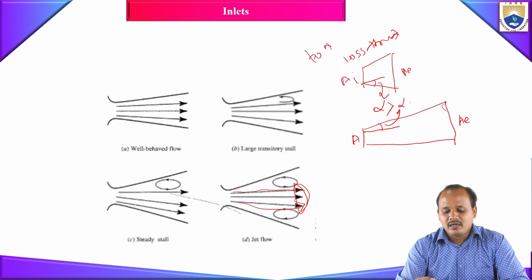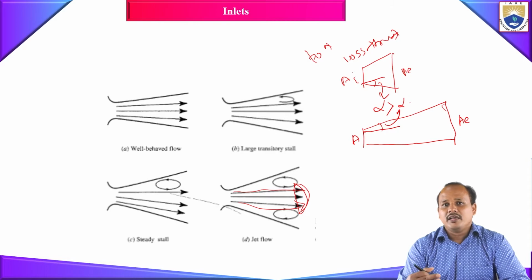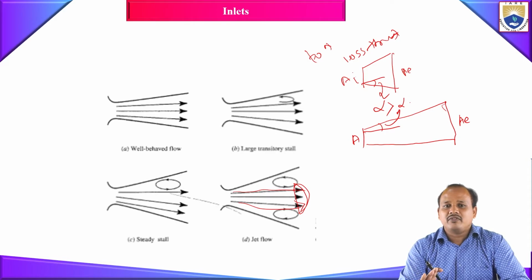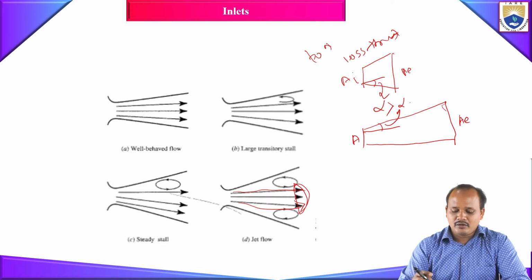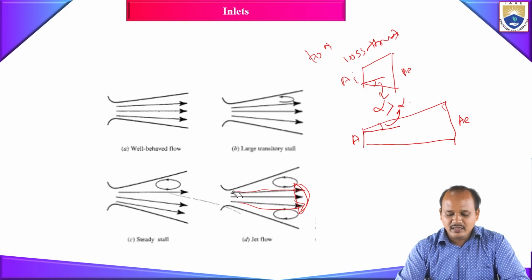You can use a similar kind of technique in the intake also to energize your boundary layer. As long as you energize your boundary layer, it won't separate. But this jet flow formation will occur if we have an intake with a rapid increase in the divergence angle. So in order to prevent this, we have to change the design of our intake itself.